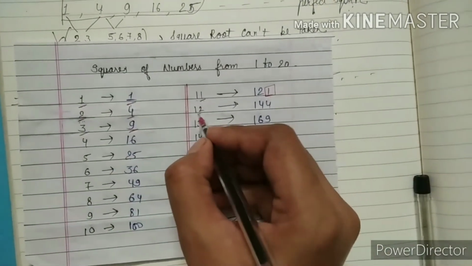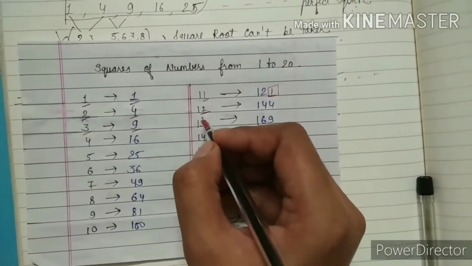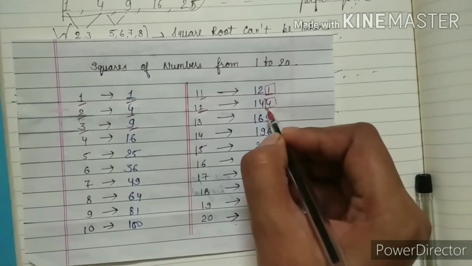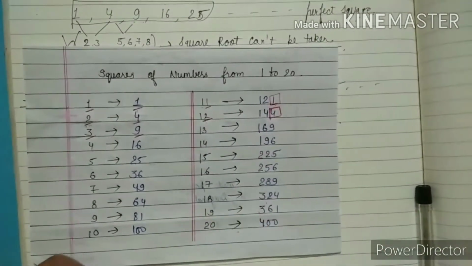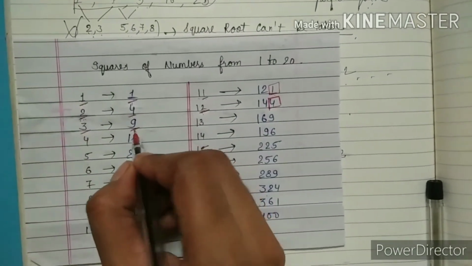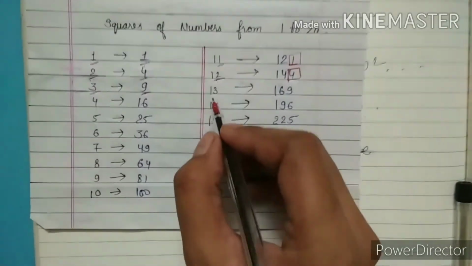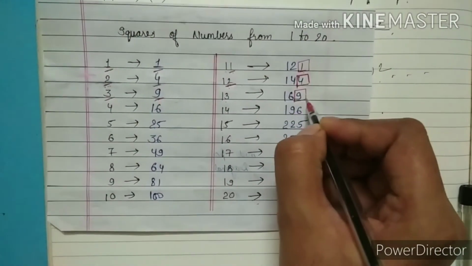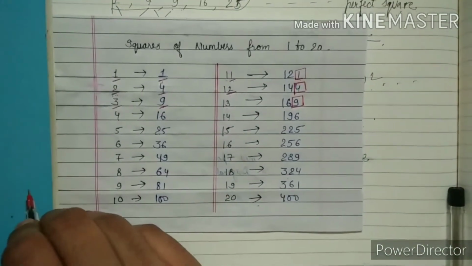Here 12 has unit place 2, and its square also has unit place 4. Here 3 square has unit place 9. Here 13 has a square with unit place 9.